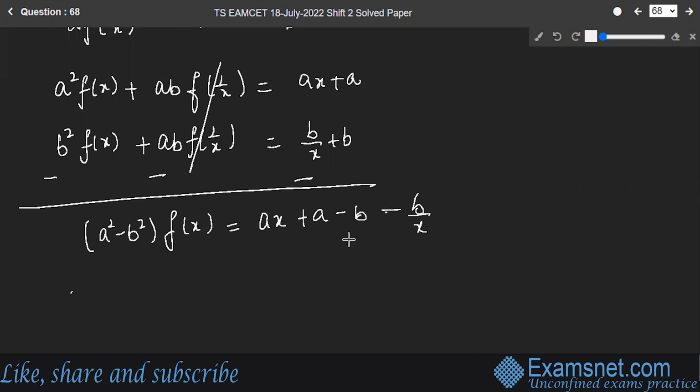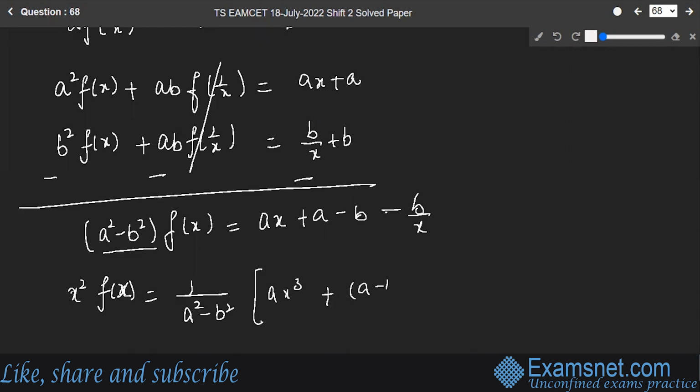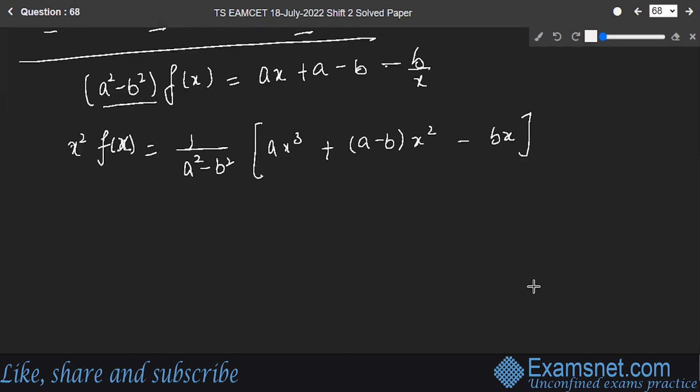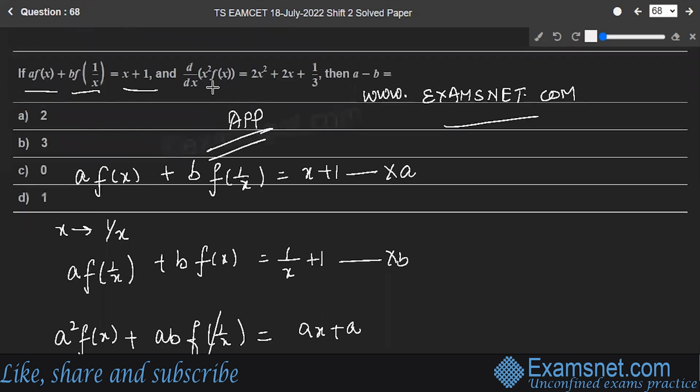Taking this a square minus b square on the right hand side, you will have x square fx is equal to 1 by a square minus b square times ax cube plus a minus b x square minus bx. Right? We are quite near to this one.